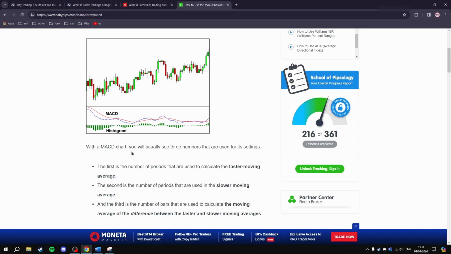Okay, so with a MACD chart, you usually see three numbers that are used for its settings.